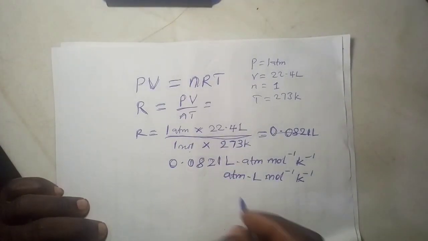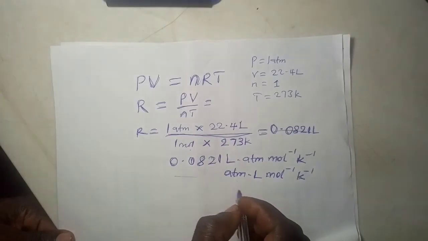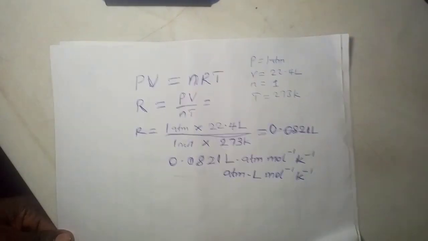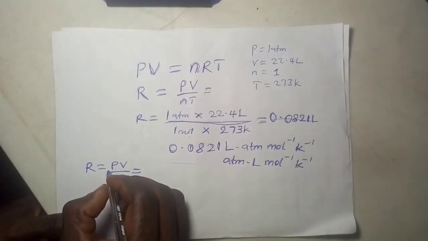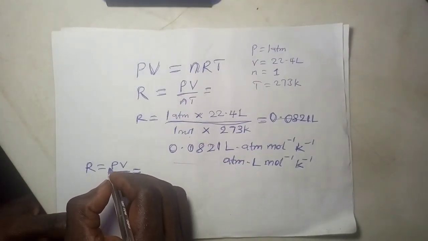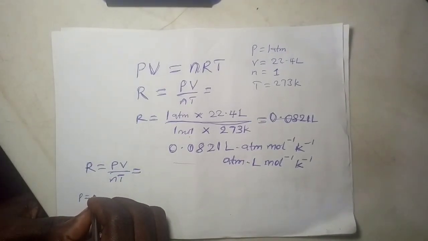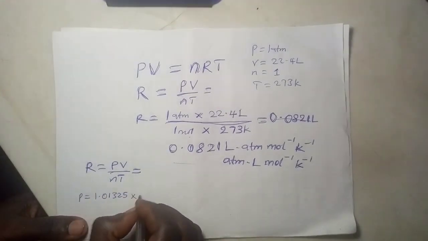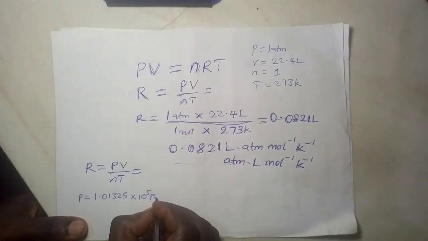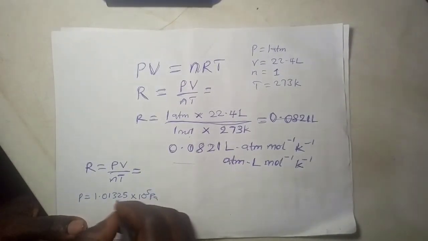Do you understand that? So this is the value of the molar gas constant when your pressure is in atmosphere. If we want to obtain another constant value for R, we use a pressure equal to 1.01325 times 10 raised to power 5 Pascal, or Newton per meter square.